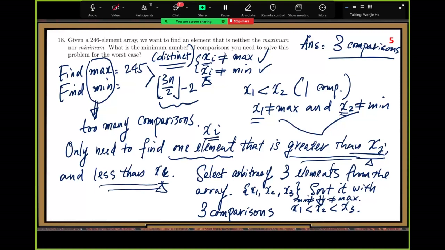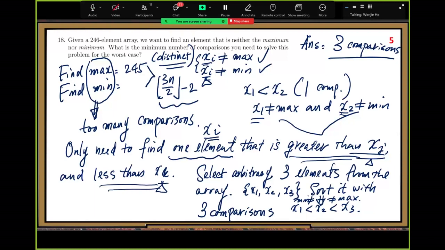So you just pick three elements and sort it. The median, the one in the middle, is one of the solutions. You can have many solutions. The median is one of them. So then you solve this problem.